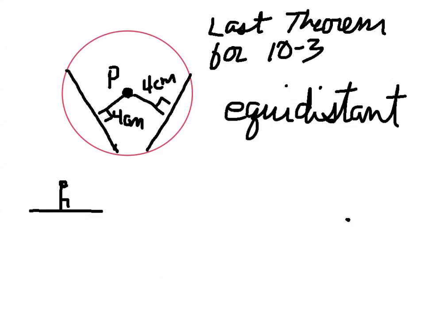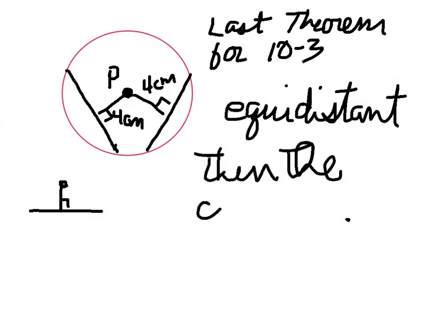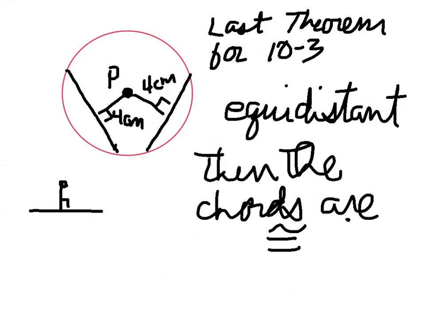And if chords are the same distance from the center, then the chords are congruent. And that's the last part of the theorem, and you'll see some problems where you have equal distances or congruent chords, which means the distances are equal. And both of those things help you solve problems similar to what we've done.